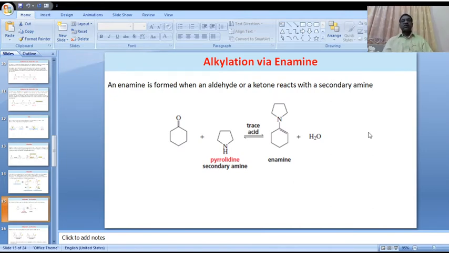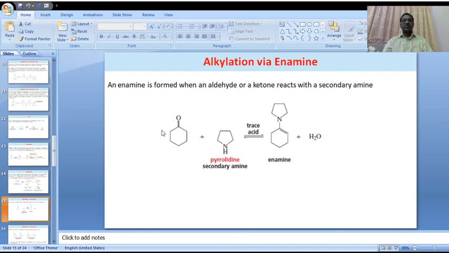Next, alkylation via enamine. First enamine formation, then it undergoes alkylation. How is it? An enamine is formed when an aldehyde or a ketone reacts with a secondary amine.